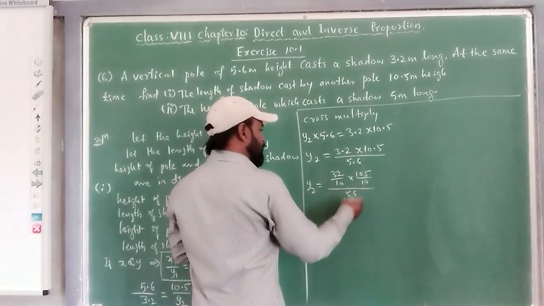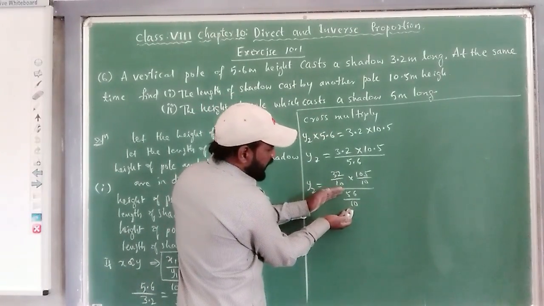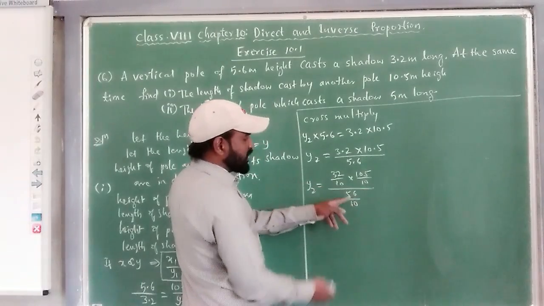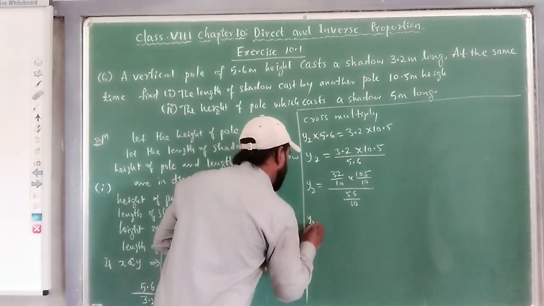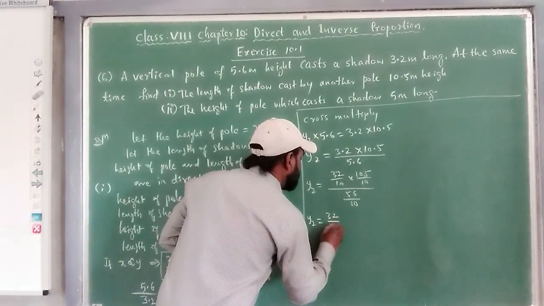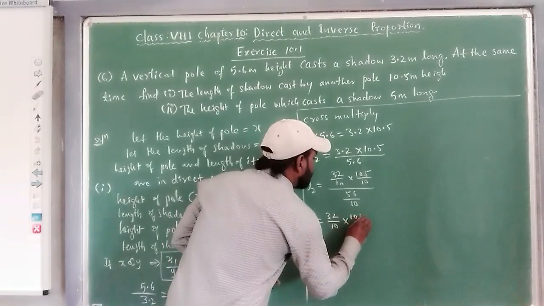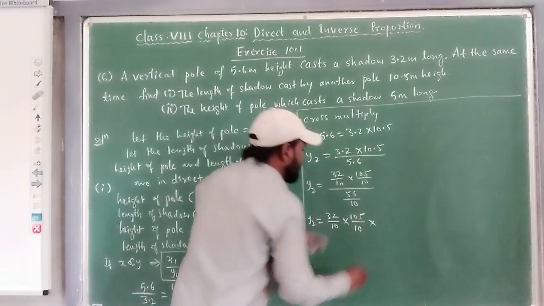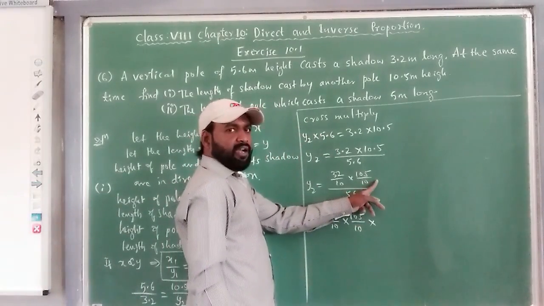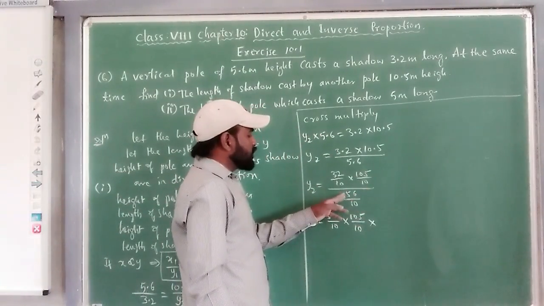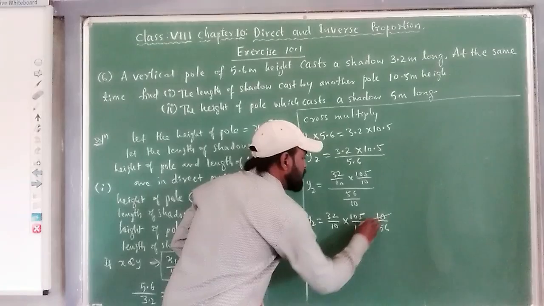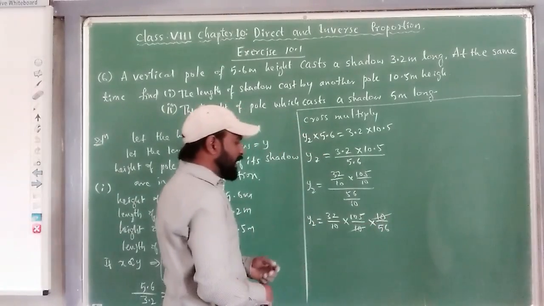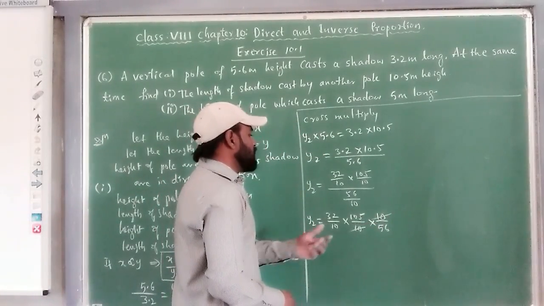First, let us go for this denominator. In this denominator, one more fraction is there. If you bring this fraction upside, it becomes the reciprocal. So y2 is equal to 32 by 10 into 105 by 10 into the reciprocal, 10 by 56. Now this 10 and this 10 will be cancelled. Remaining we have to simplify.